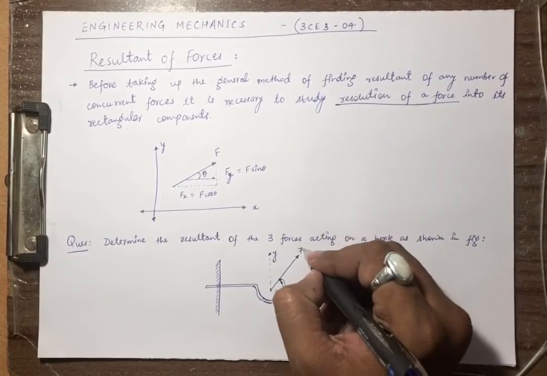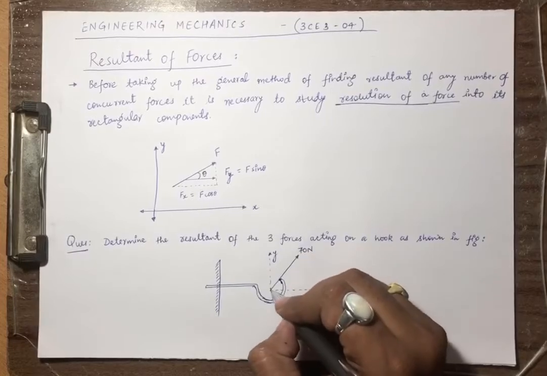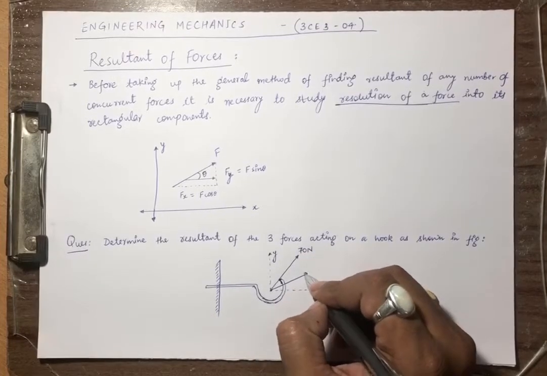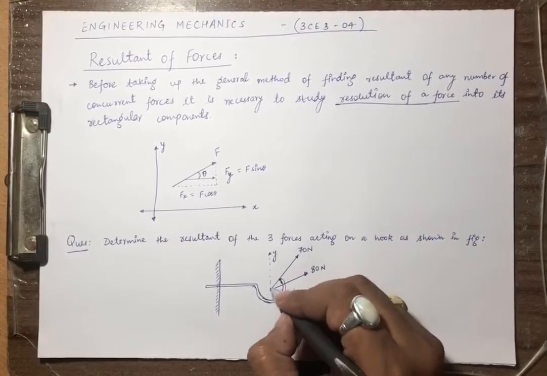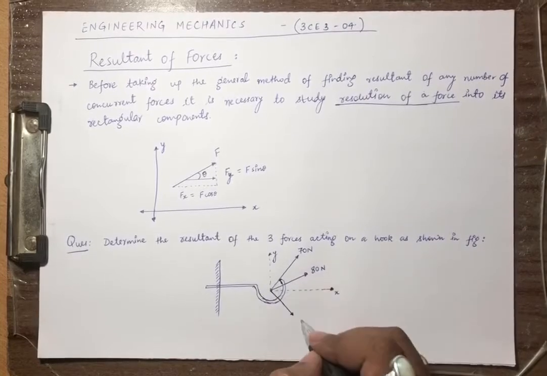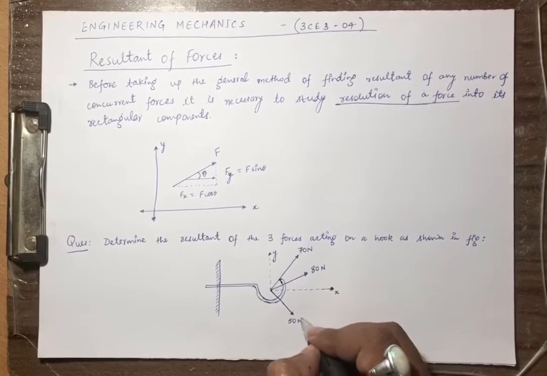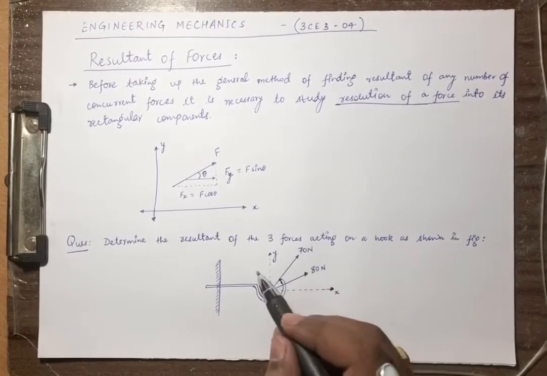So this is 70 Newton, the first force. This is 80 Newton, the second force. And the third force is 50 Newton. So magnitude we know.